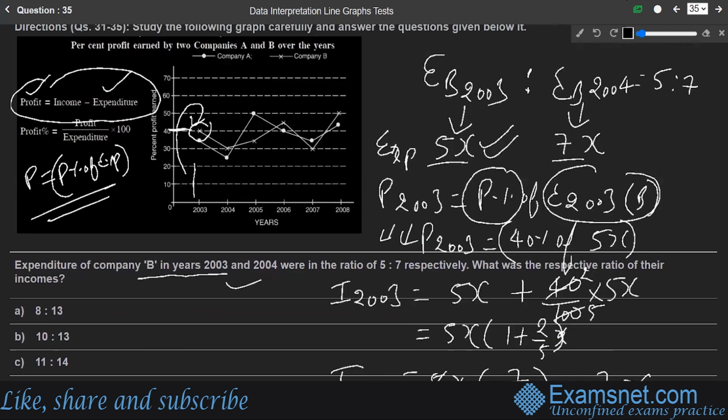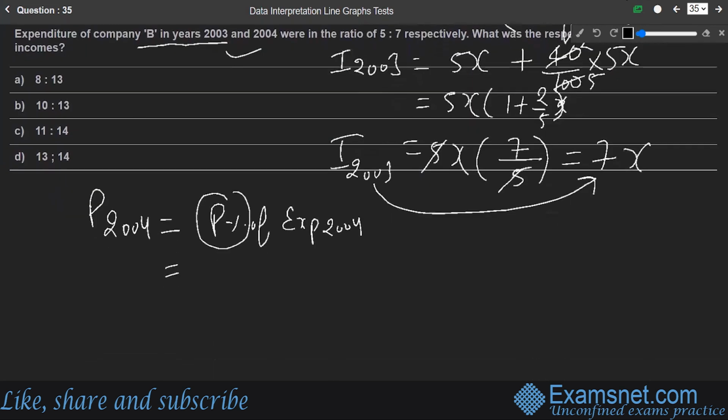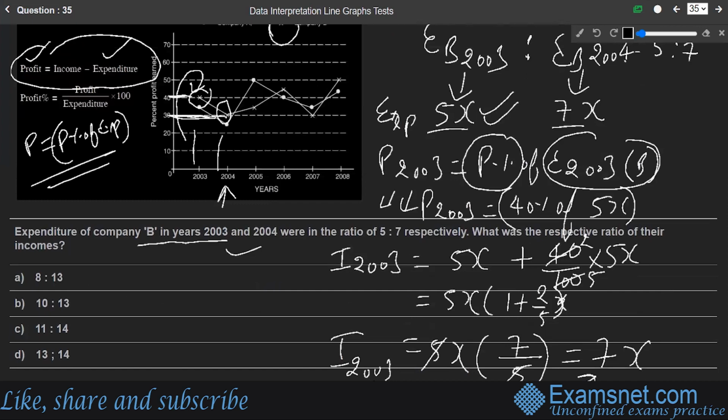For company B in the year 2004, what is the profit percent value? For company B, the data is represented by cross. So the cross value on the line of 2004 is 30%. So P percent in this case becomes 30%. So profit in 2004 is nothing but 30% of the expenditure of 2004, which had come out to be 7x.